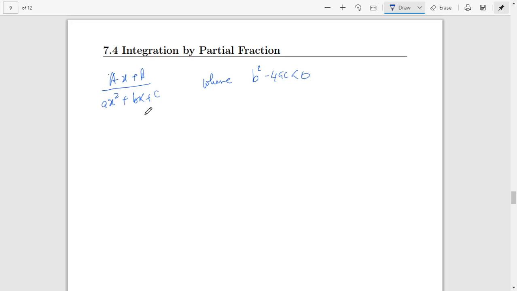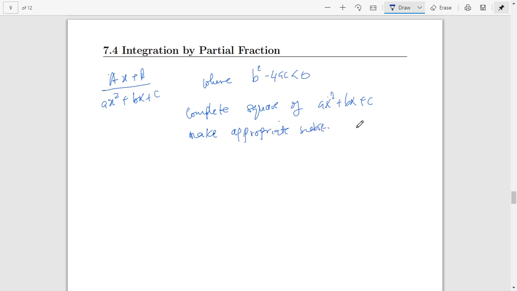And then after completing the square of ax squared plus bx plus c, we can make an appropriate substitution, just like we substituted u equal to 2x plus 1 above.